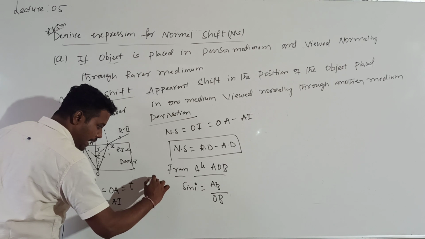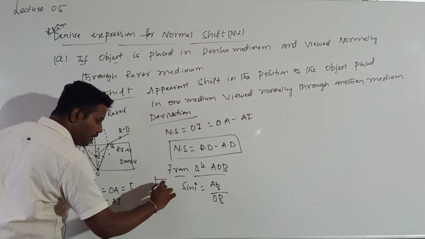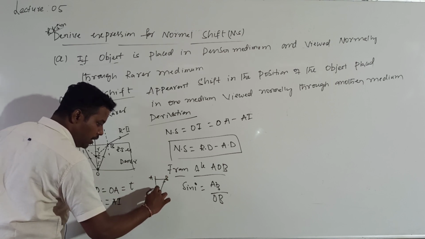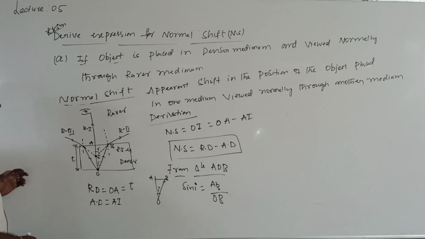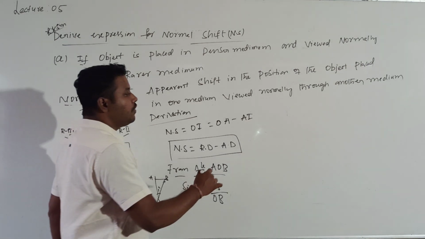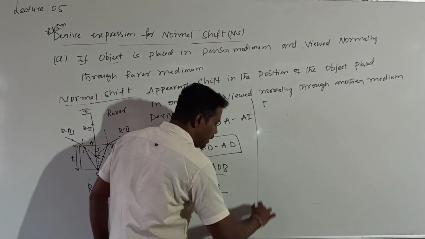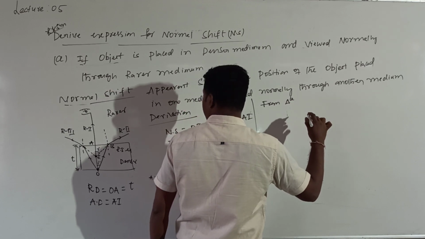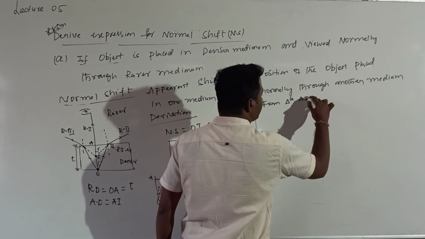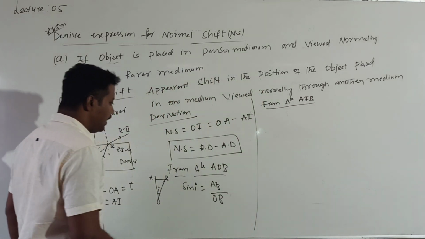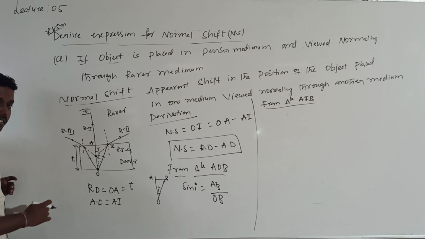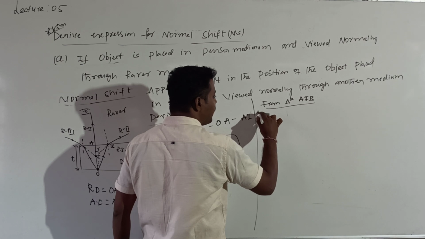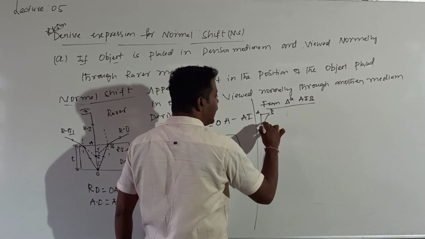If you want, I will draw the right angle triangle here. This is my right angle triangle, with vertices A, B, O, and the angle i, so sin i is AB by OB. Similarly, from the next triangle AIB, also a right angle triangle, the angle at I is r.